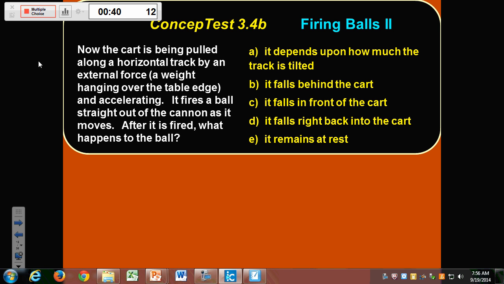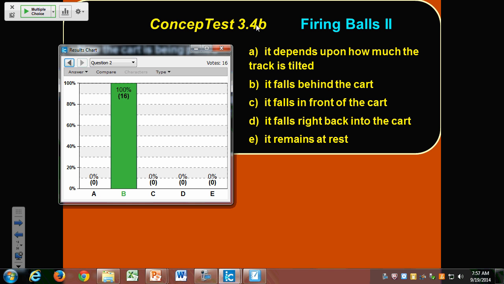Alright, stop in about 10 seconds at 50. Very good, B is right.